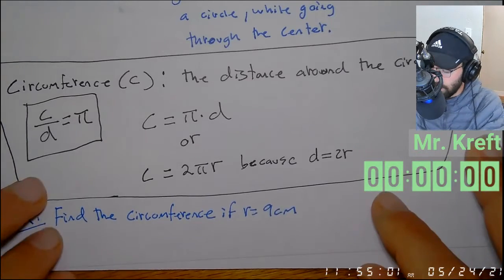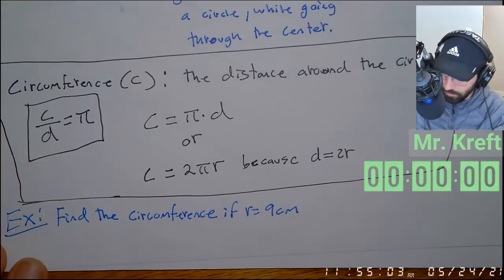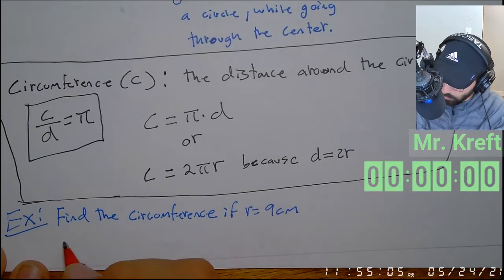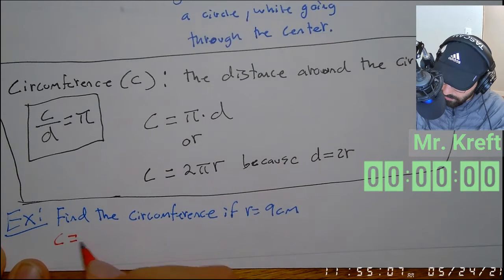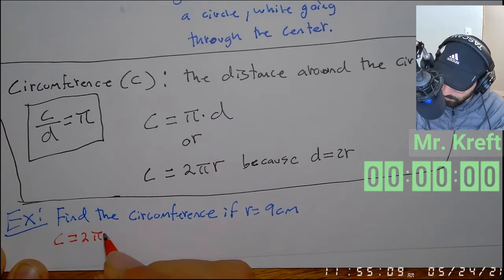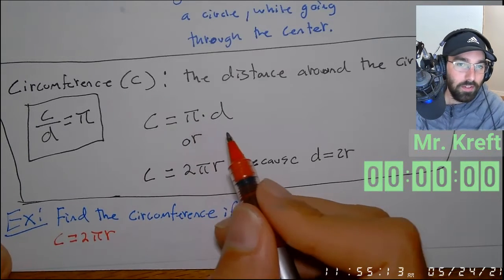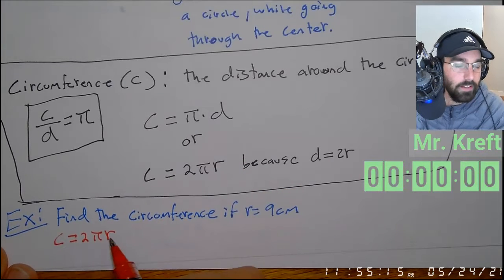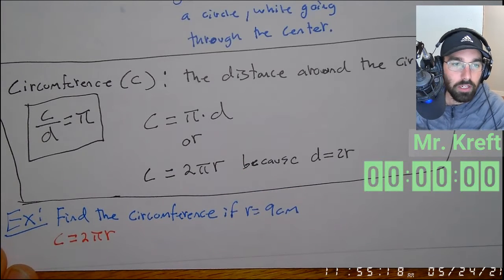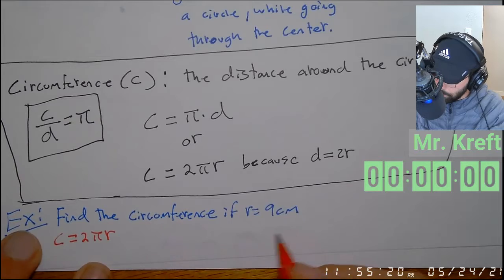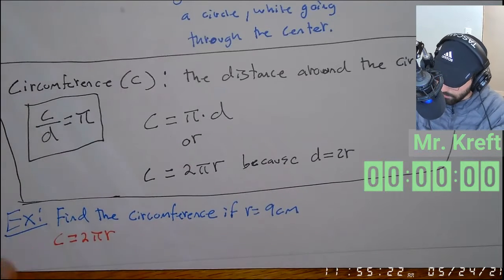All right, and again, if you guys have questions, let me know. So in this case, it says find the circumference. So I'm going to say I need an equation that has circumference and radius in it. I'm not using this top one because it doesn't have radius in it. So I'm just going to find the equation that has circumference and radius in it. And then I'm going to replace the radius with 9.